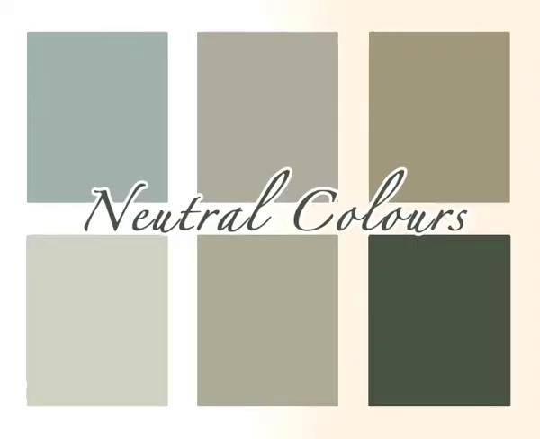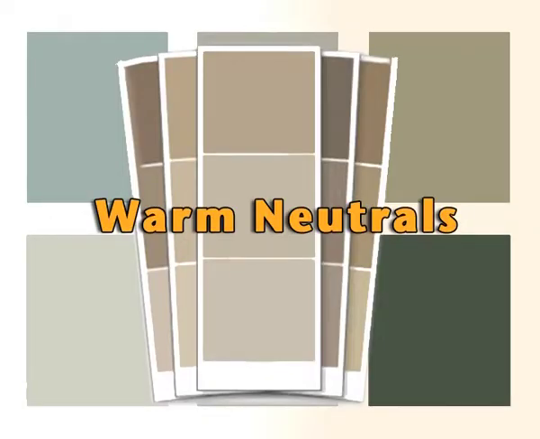Okay, clear? Then we move on to the psychological effects of neutral colors. We finished with primary and secondary colors. We move on to the neutral colors and their psychological effects. Warm neutrals, warm hues, are the subdued tones that come from the longer wavelengths of the spectrum.